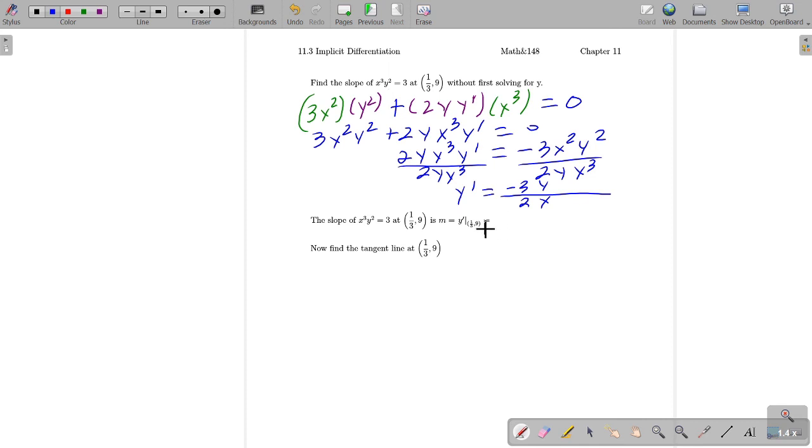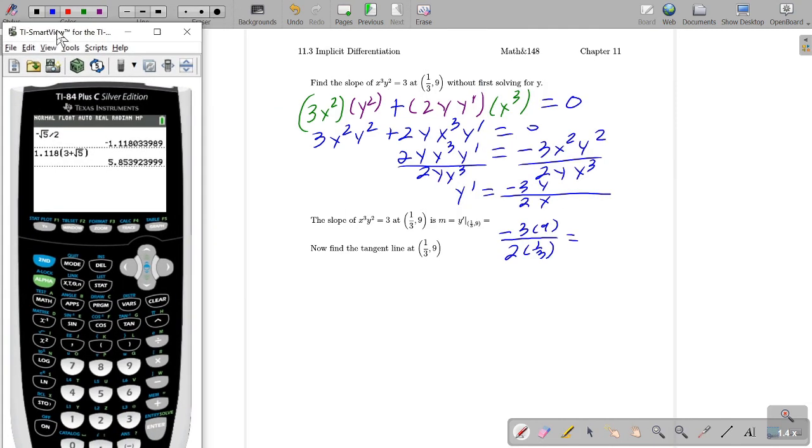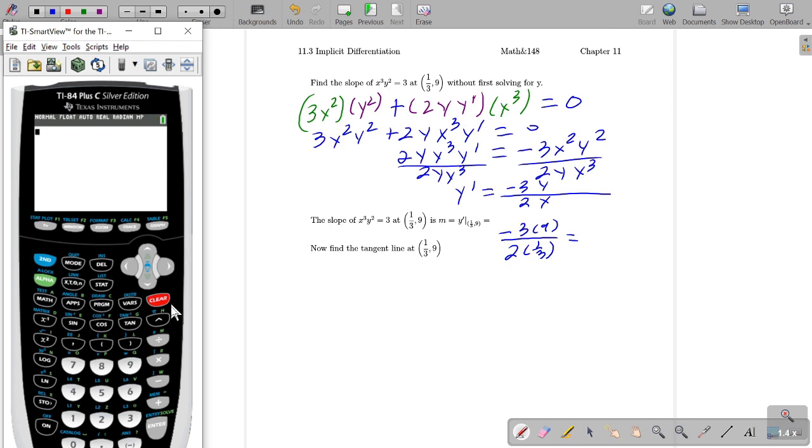So evaluating this at (1/3, 9), this is going to be negative 3 times 9 over 2 times 1/3. So that would be negative 27 divided by 2/3.